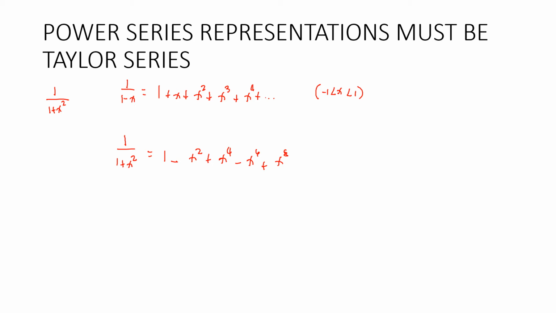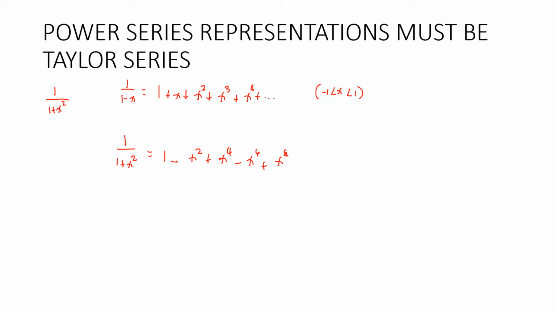However, this is true if and only if the absolute value of x is less than 1. So the power series we obtain for the function 1 over 1 plus x squared converges if x is greater than negative 1 but less than 1.